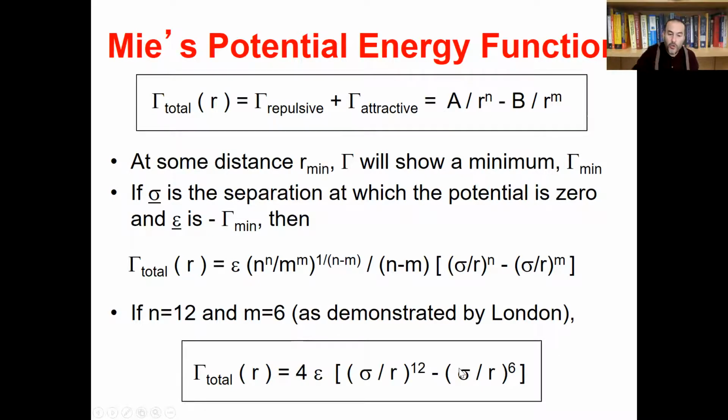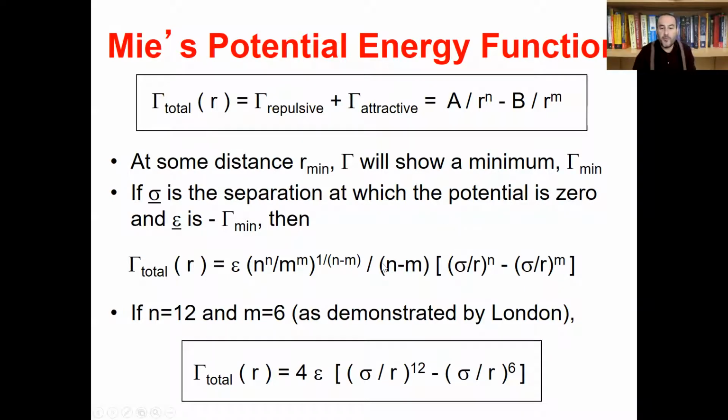And then remember, there was also the electrostatic potential. So by using an electrostatic potential, like a Coulomb potential, and the Lennard-Jones potential, or let's say Mie potential, we can model many systems to a satisfactory degree, right?